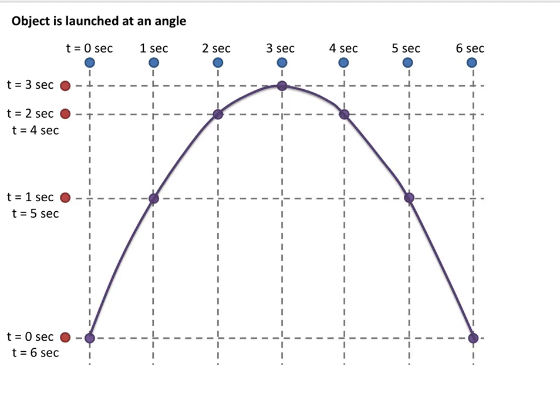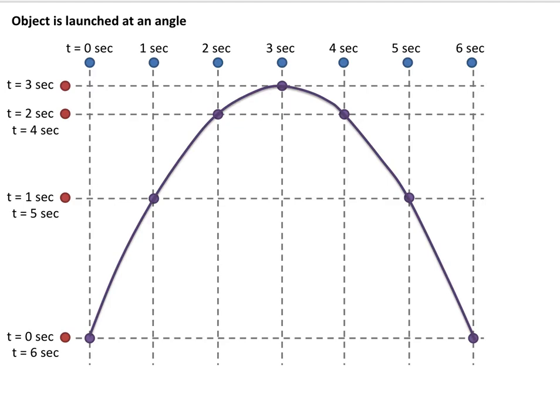So the key thing when we're looking at a problem is to separate the situation into the horizontal motion and the vertical motion, keep everything separated, and then recognize that time is something that we're going to be able to reuse in both directions.